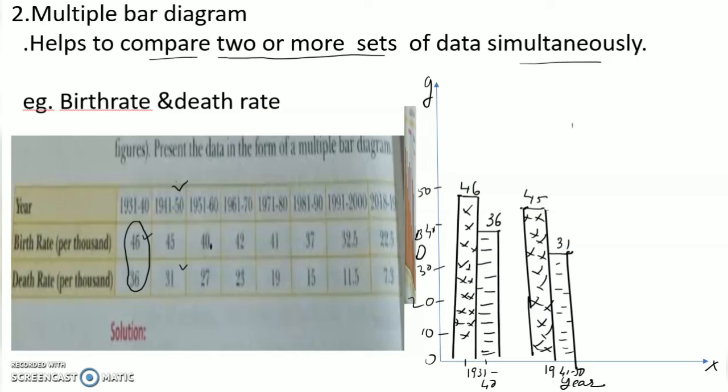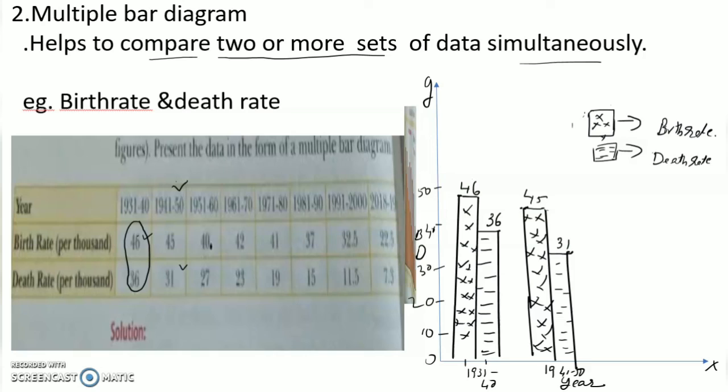The other important thing is that you have to make boxes with the same signs. Giving this cross mark, you have to write, this is birth rate. And the other box, giving the same sign, you have to write death rate.